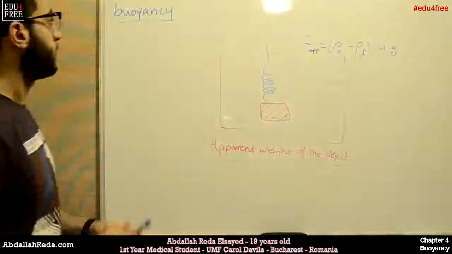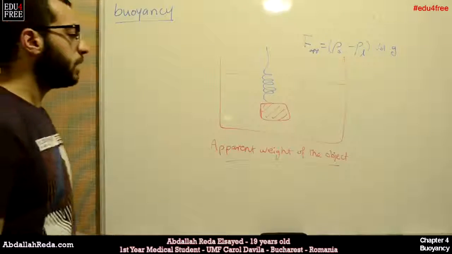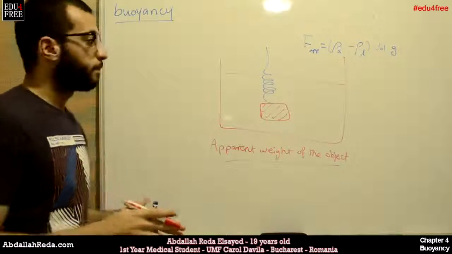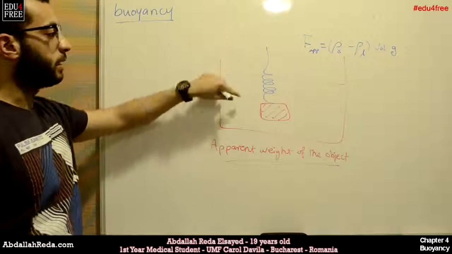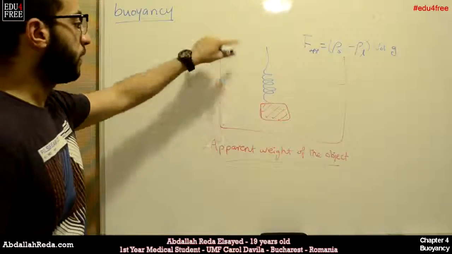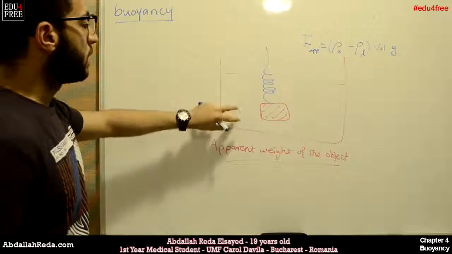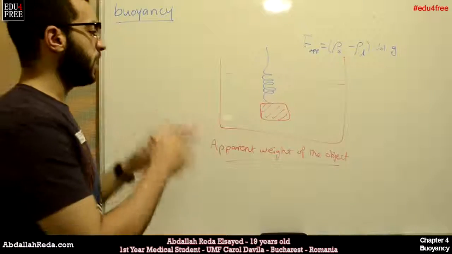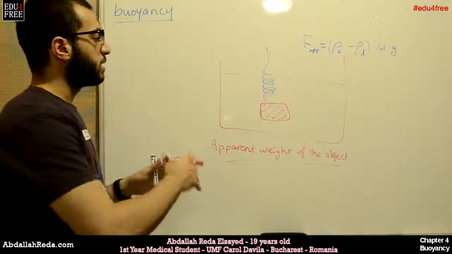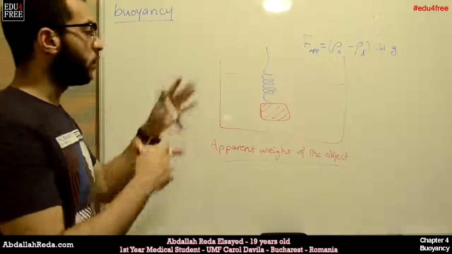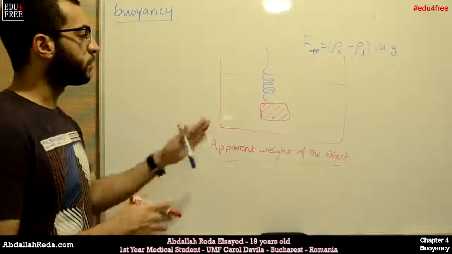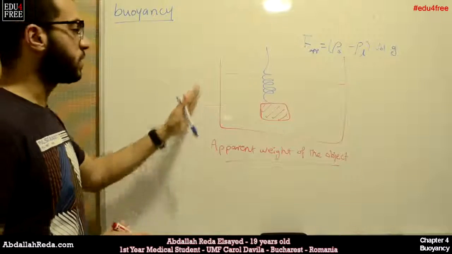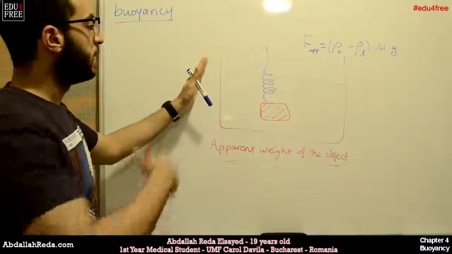And of course this will be the apparent weight of the object. So this is why when we drop a metal nail in a box of liquid, it sinks, because the amount of force that opposes the weight of the nail is very, very small, and it's not able to act in an opposite direction to lift it up and make it float.